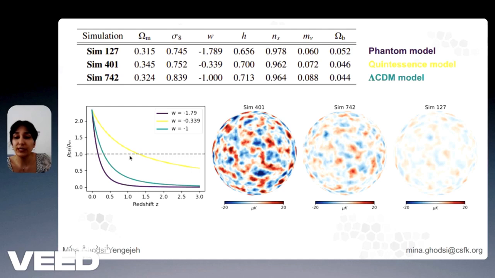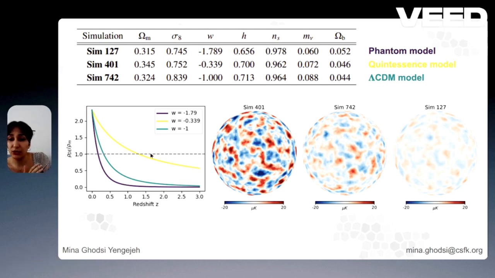What is important here is that, as I said, we can see the ISW effect when the universe is in the accelerated expansion phase. So when each of these curves passes this horizontal dashed line, they become lambda dominated, the dark energy phase. And as you can see, the quintessence model entered this phase much earlier compared with the phantom model.